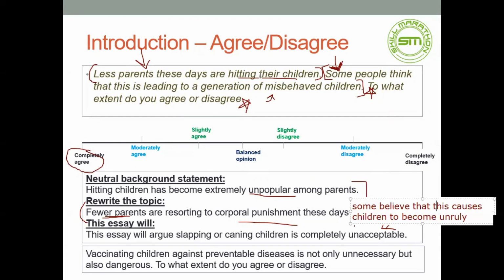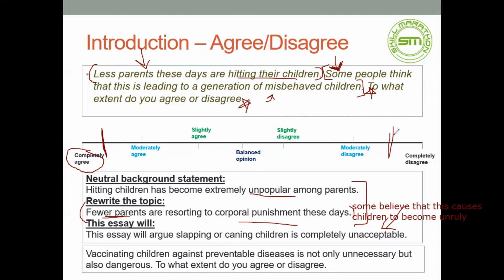And then what do I write? I need to give my opinion. What is my opinion? Do I agree completely that because the parents are not hitting their children, it's leading to a generation of misbehaved children?